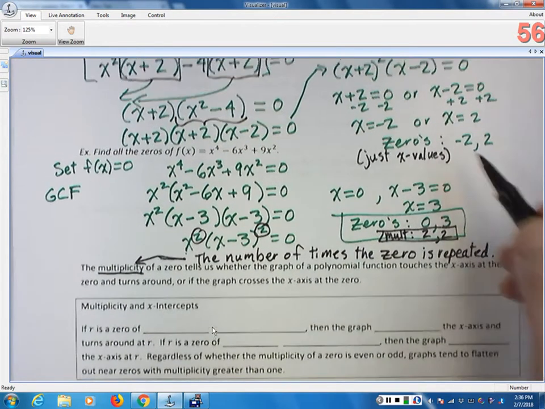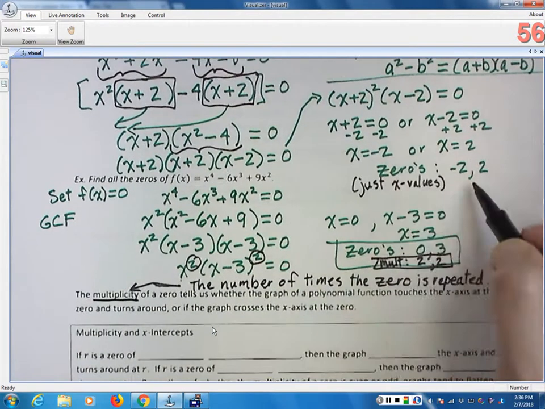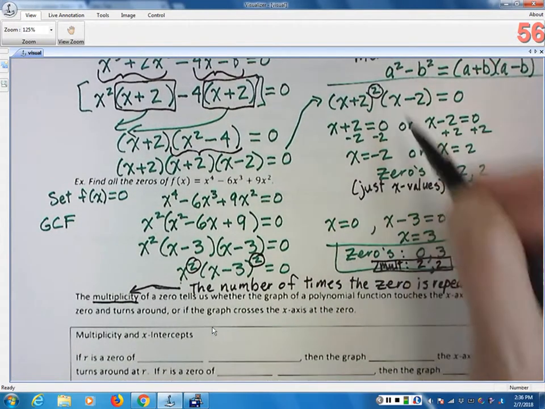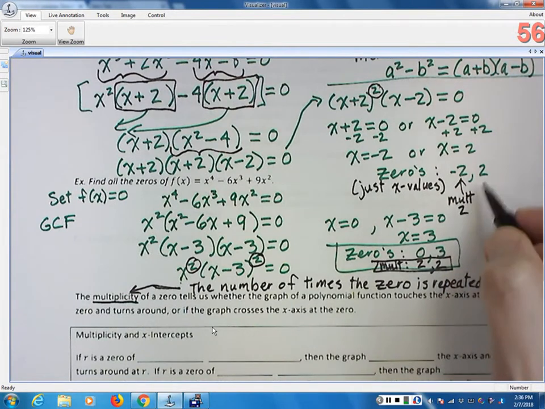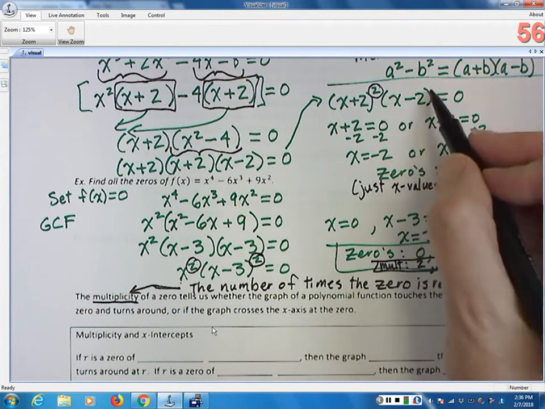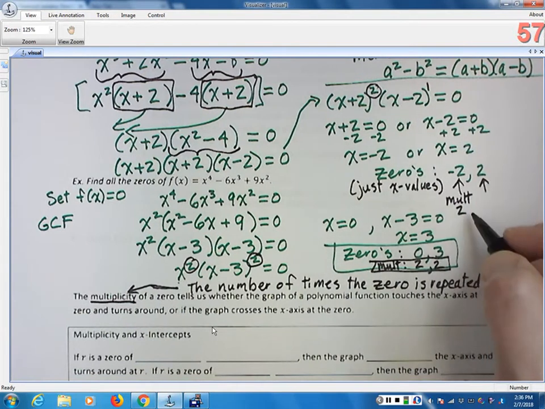What about up here? The x minus 2 term was only repeated once. It only occurred one time, so it has a multiplicity of 1.